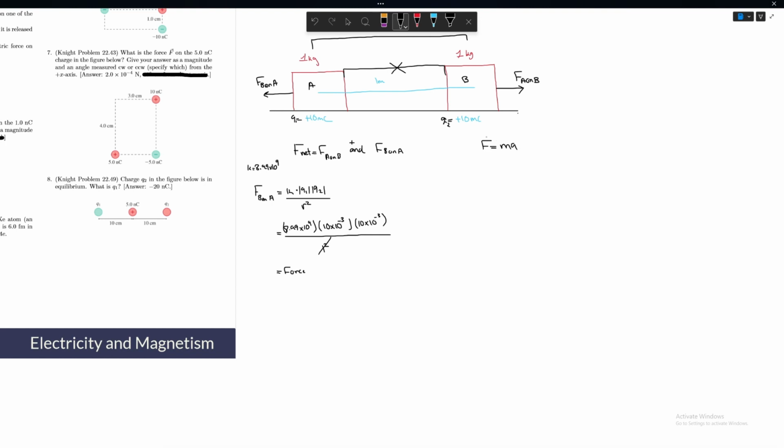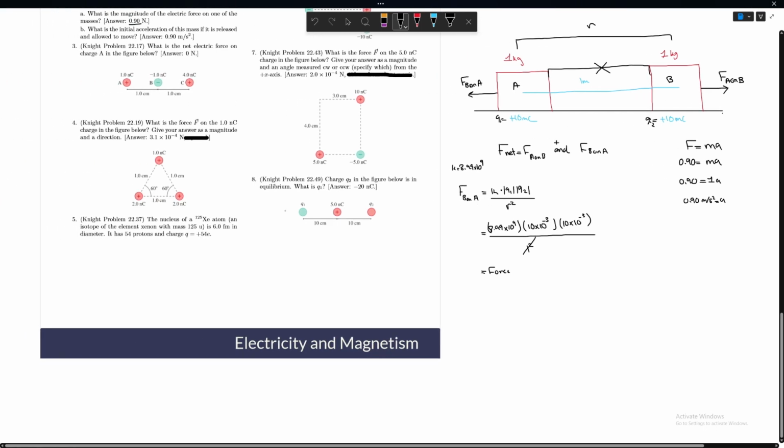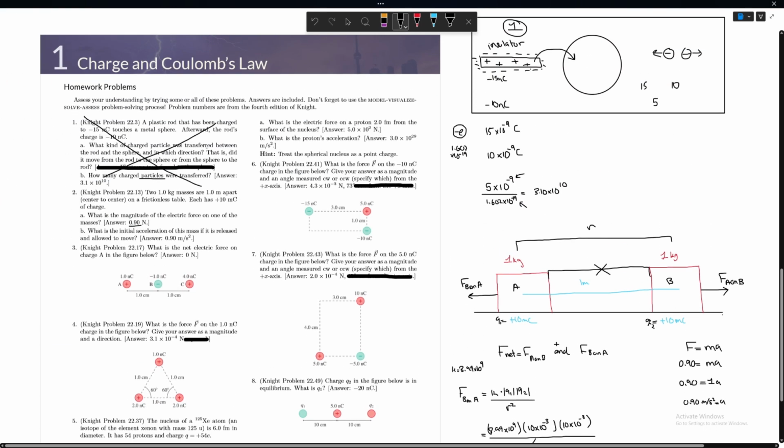And so since we know the force, this ends up with 0.90 equals ma. Then taking m, which is 1, you get 0.90 equals 1a, which is 0.90 meters per second squared equals a. And what's our answer? 90 and 90. Yep. So this is done.